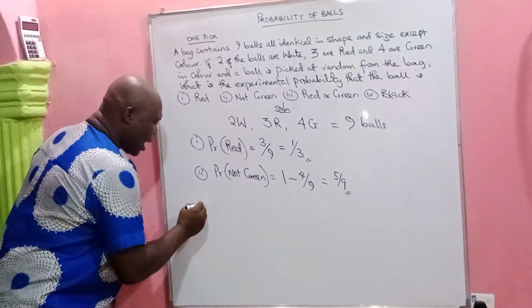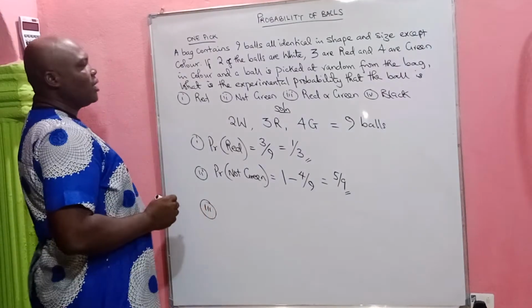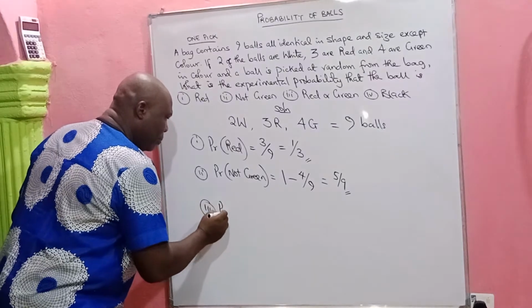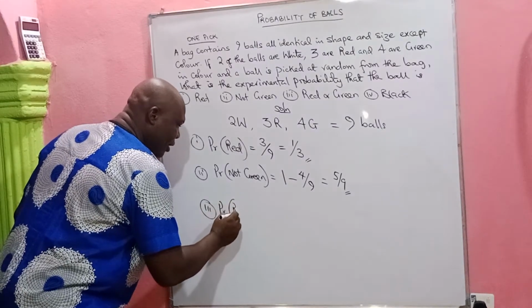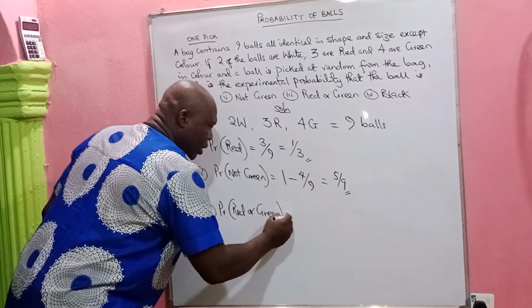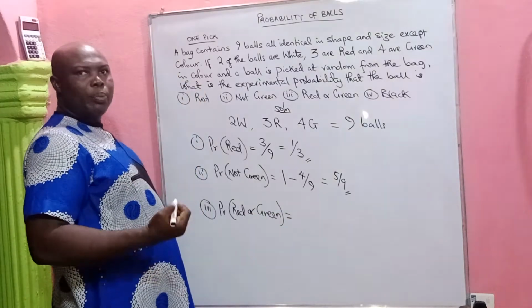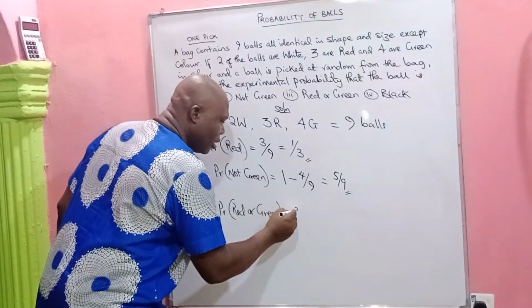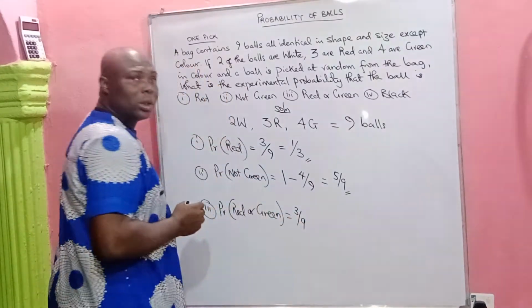The next one, III. They say, what is the probability that the ball is red or green? The probability that it is red or green will be equal to red. What's the probability that the ball you pick is red? How many red balls do we have? 3 over 9, the total.